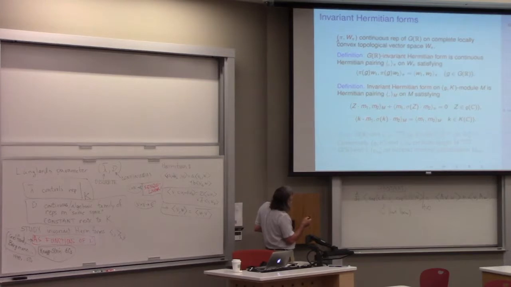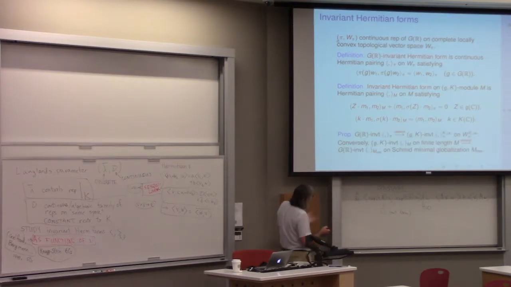Same thing for the action of the complexification of K. If K were in the real compact subgroup, I just have Km1 inner product Km2 is M1 inner product M2. There'd be no sigma, but in the complexification, I need to put in the sigma.